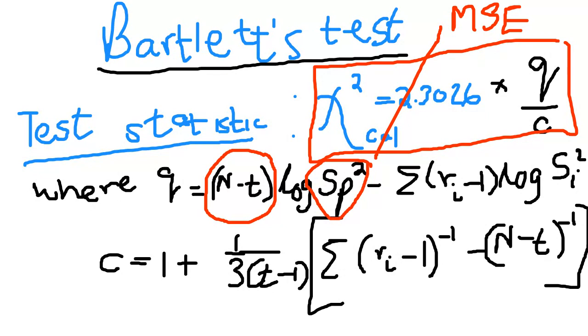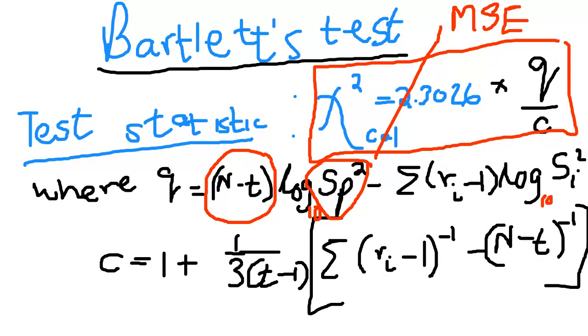You get that multiplied by the ln of SP, which is the ln of MSE, minus. The reason why it's also applicable for unbalanced problems: if the number of replications are not equal, that will be catered for by this part here.